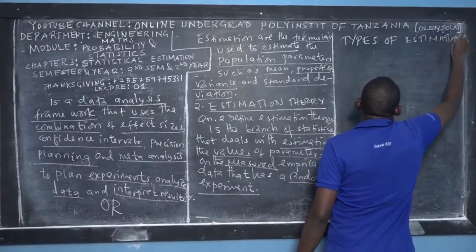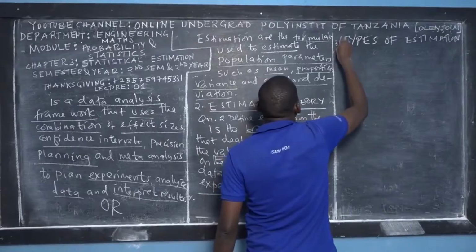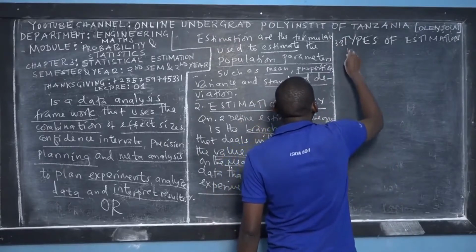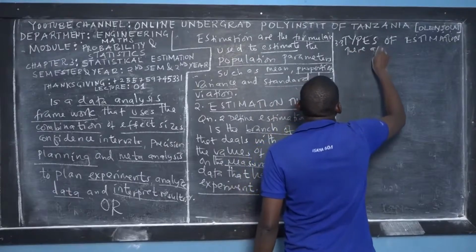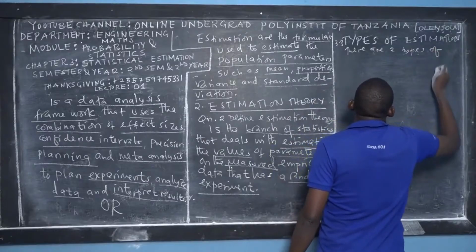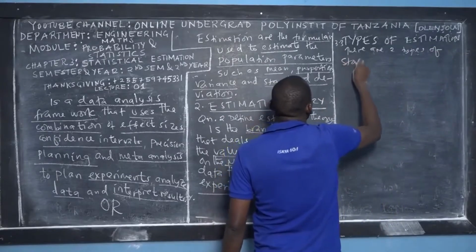So the third concept that I have to teach you is types of estimation. We say that in statistical estimation there are two types of what? Of statistical estimation.